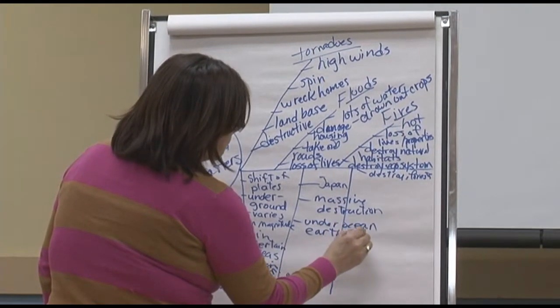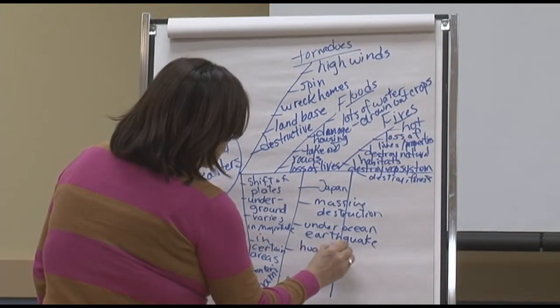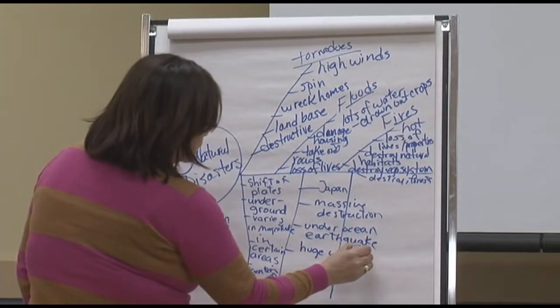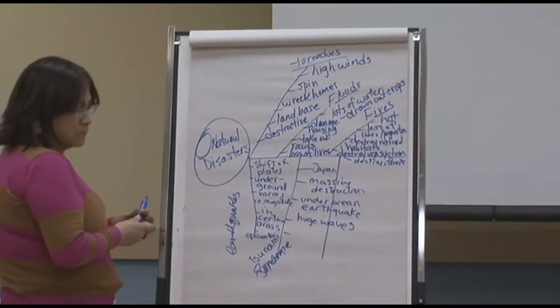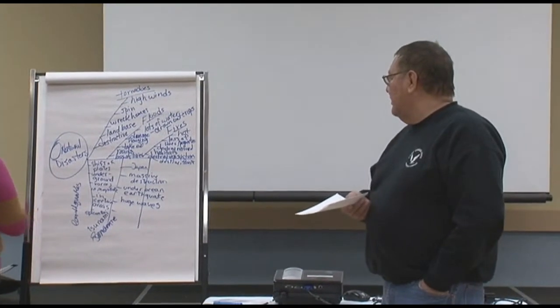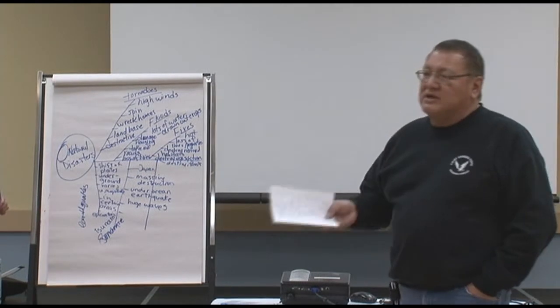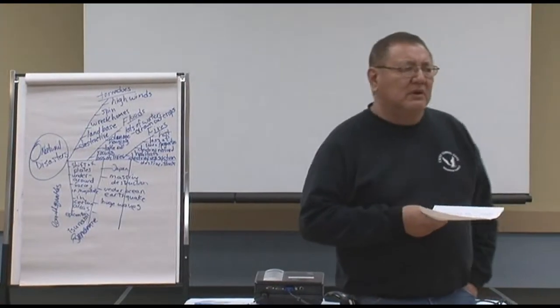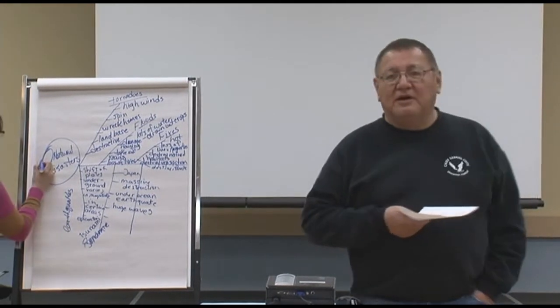And then separately, we can put huge waves. So generally, they're very massive, very destructive, an underground ocean earthquake, and it creates a huge wave, which usually hits what? Land. Good, good.